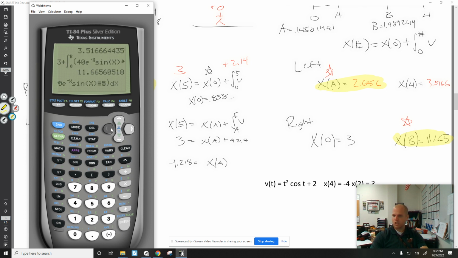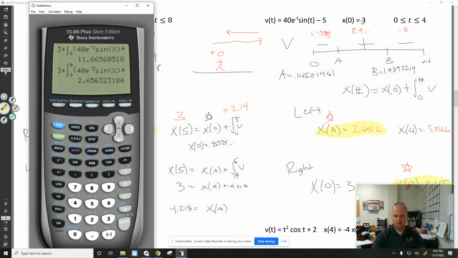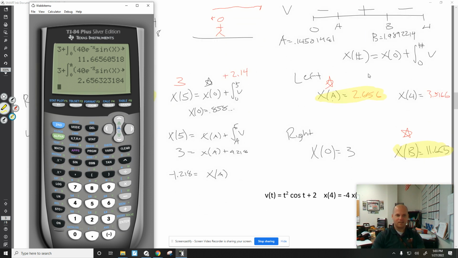3 plus the displacement from 0 to A. Let's find A. Okay. Now let's go from A to B, and then we'll go B to 4. So we're just doing this, subtracting 3, adding 9, subtracting 8, okay?